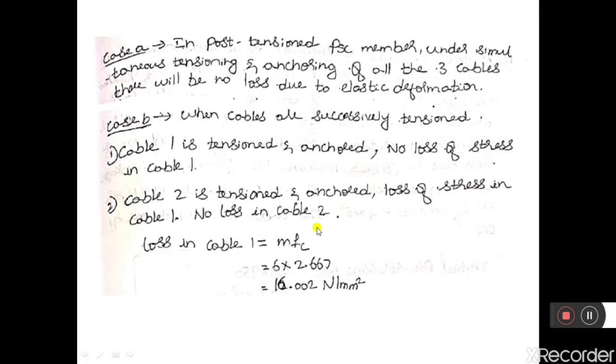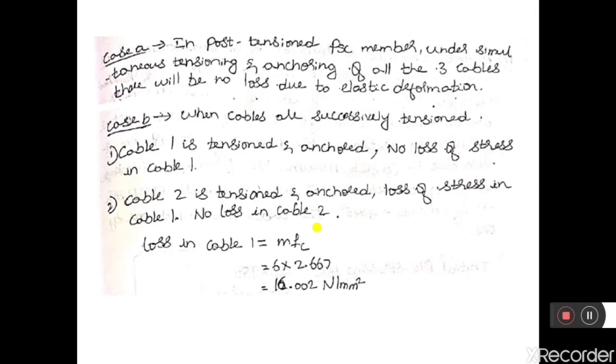Why will there be loss in cable 1? Because when cable 2 is tensioned with 60 kilonewton of pre-stressing force and anchored, compressive stresses are imposed on both the ends of the member.